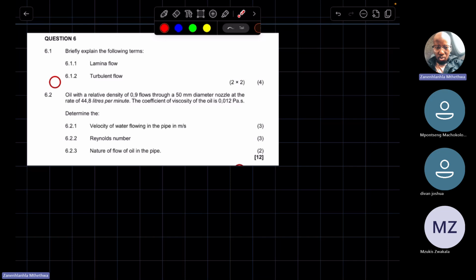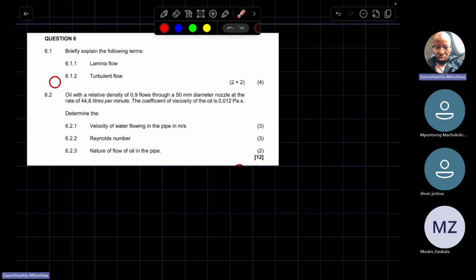For laminar flow, the type of flow essentially refers to the nature of the flow, and how we establish the nature of the flow mathematically is using the Reynolds number.